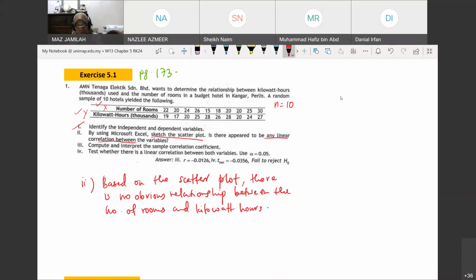Okay, no obvious relationship between the number of rooms and kilowatt hours.